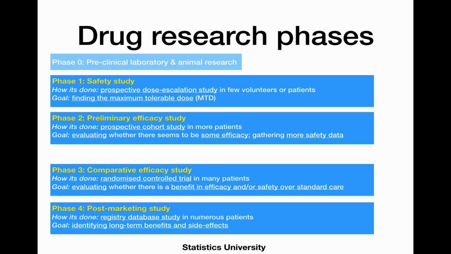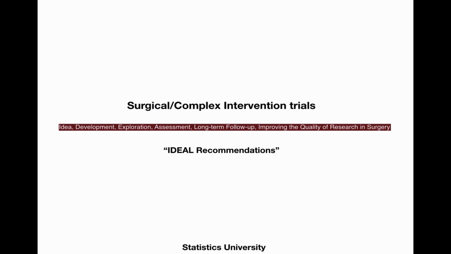Now, if we look at these drug research phases, then it would make sense if you want to perform a placebo randomized controlled trial to perform that explanatory trial in phase 2. And the pragmatic trial is supposed to be in phase 3 because we want to evaluate whether there's a benefit over standard care.